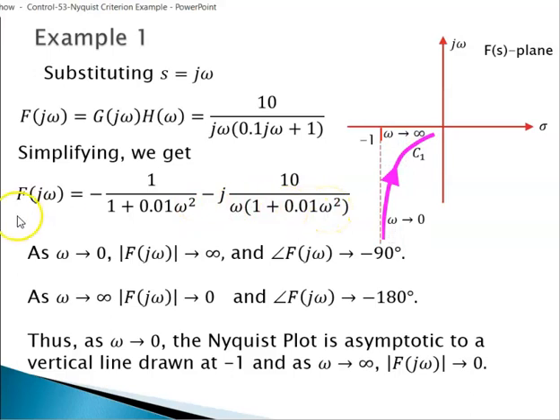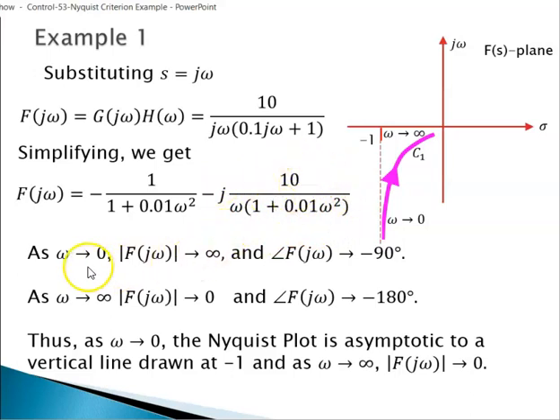You can see that our range of values of omega goes from 0 all the way up to infinity. When omega tends to 0, this part is 0, so the whole thing becomes minus 1. That is the reason why you have an asymptote drawn at minus 1. And when omega tends to 0, this term becomes extremely big.